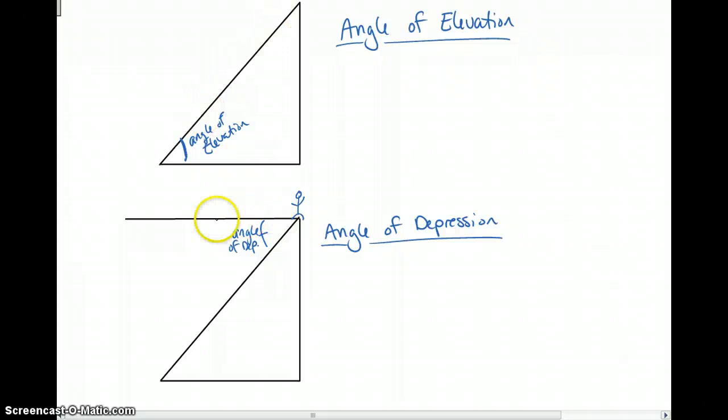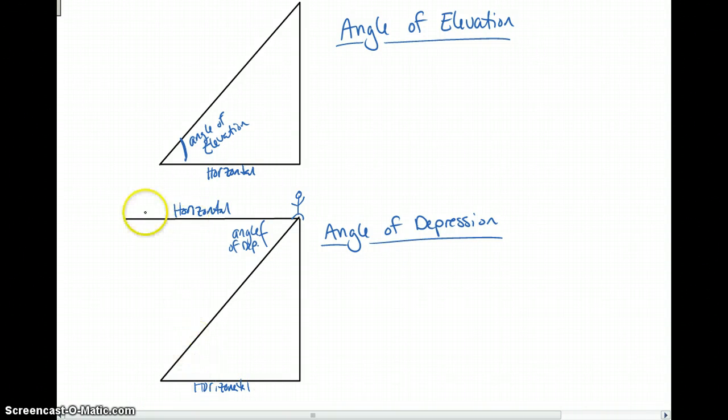Now the thing to remember though is that there's this thing called the horizontal. If we say horizontal or read the words horizontal distance, this is what they're referring to, the horizontal leg or horizontal line.